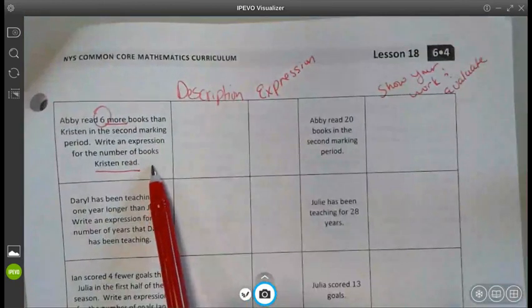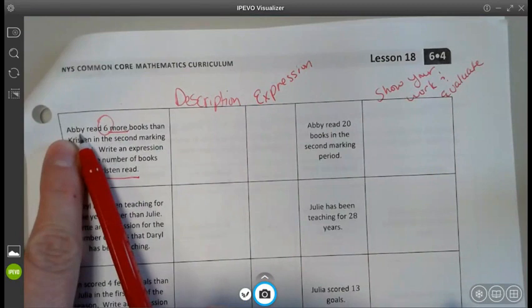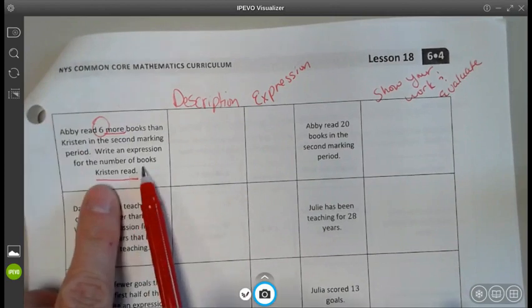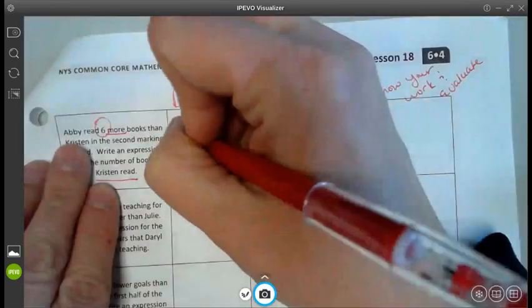So description with units. So I'm trying to describe what I don't know, okay? And I don't know the number of books that Abby read. So I don't know what Abby read.